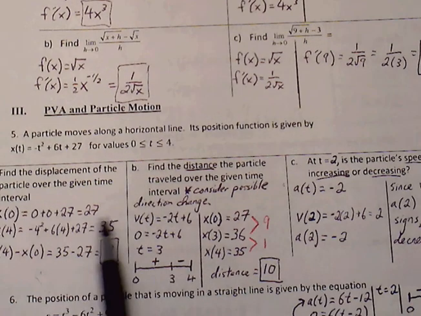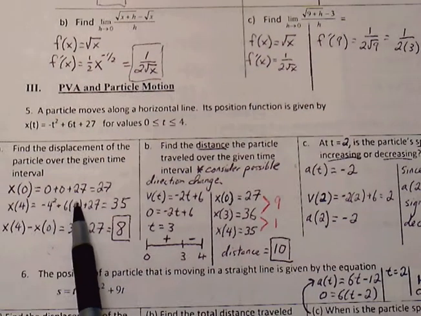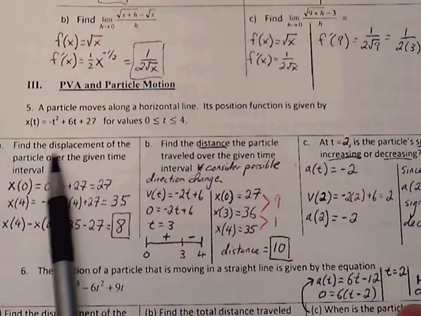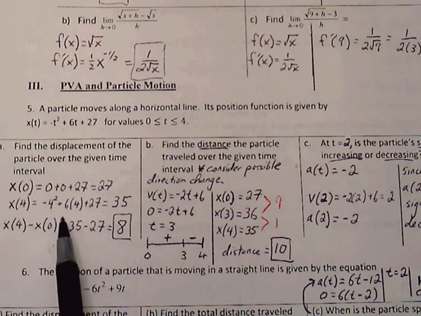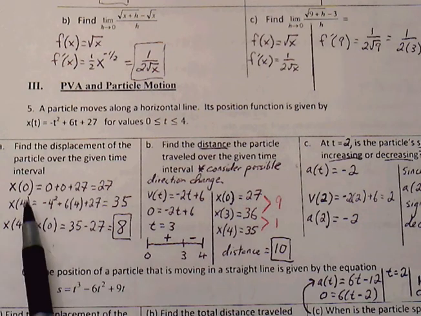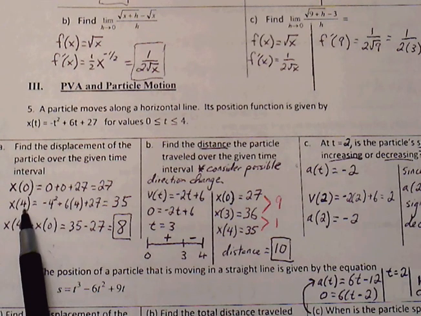So let's first talk about the difference between displacement and distance. Displacement is simply the amount traveled from your initial point to your endpoint.